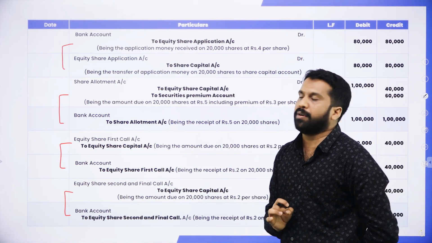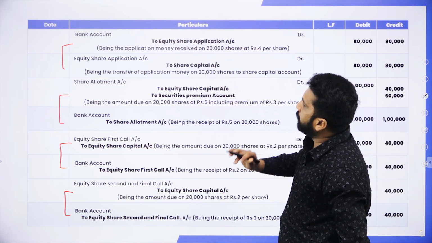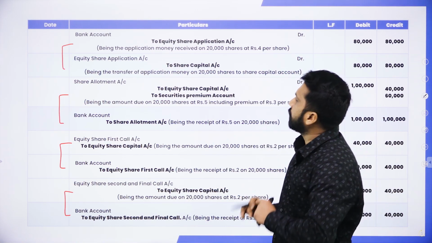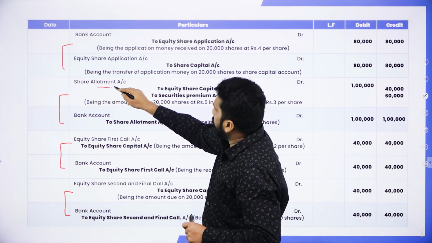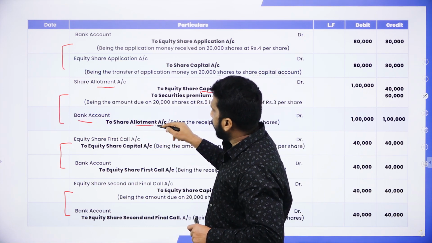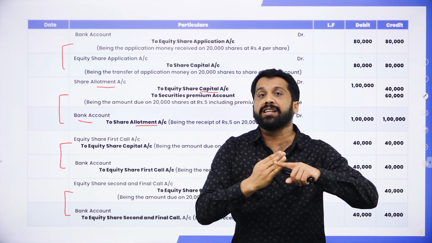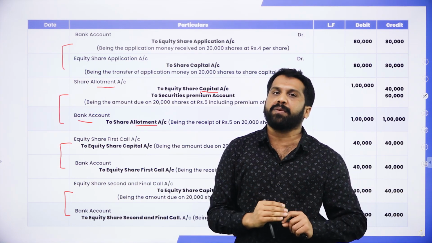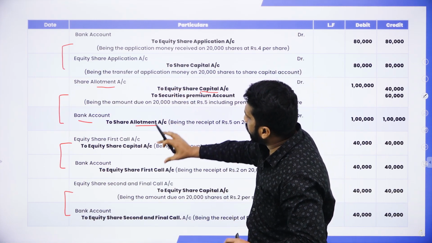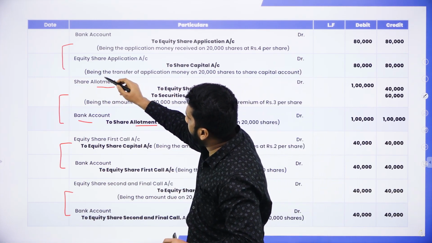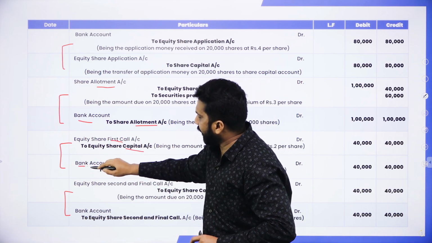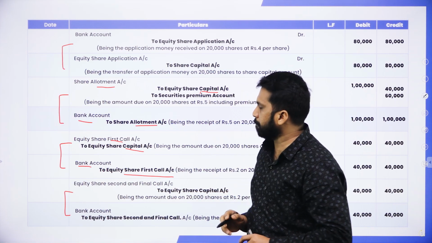Now, how to remember? The first one you have to remember, but from here onwards it is easy. How? Share allotment to share capital, bank account to allotment. Remember, share allotment to share capital, bank account to allotment. Now, same journal entry. Instead of allotment, first call to share capital, bank account to first call.